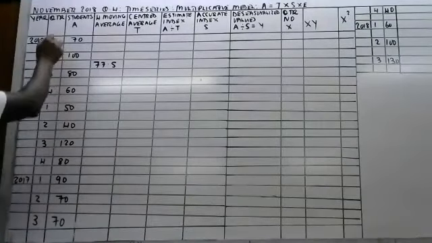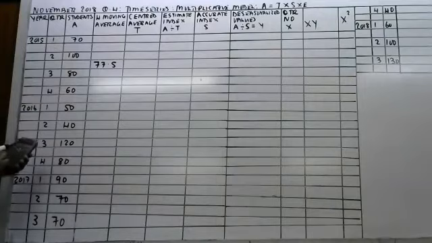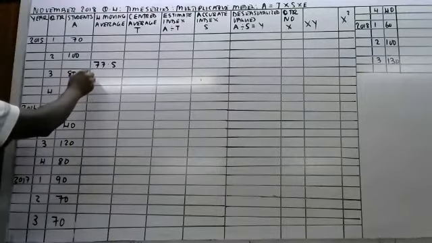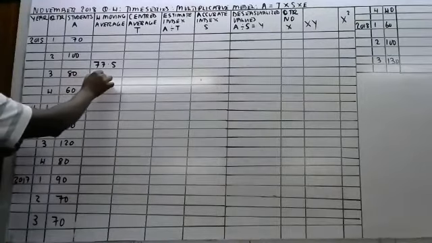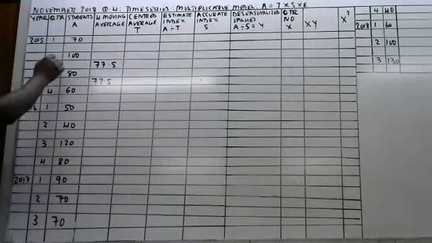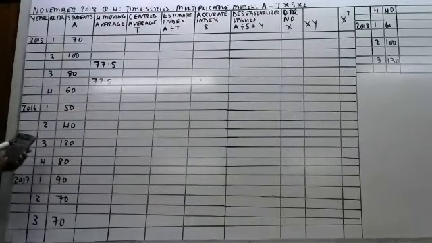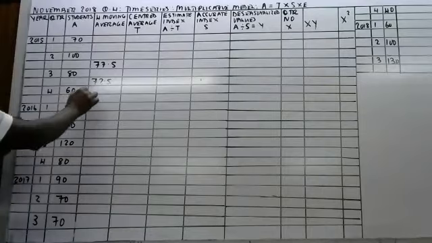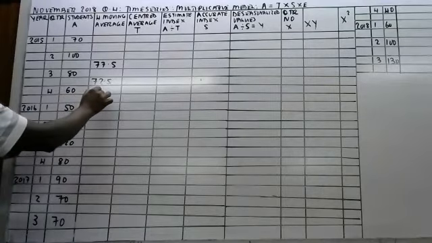Now we drop 70, we take 100 plus 80 plus 60 plus 50. You divide by 4, you record here 72.5. We drop 100, take 80 plus 60 plus 50 plus 40. Divide by 4, we get 57.5.